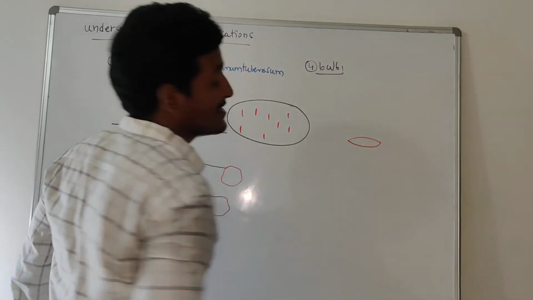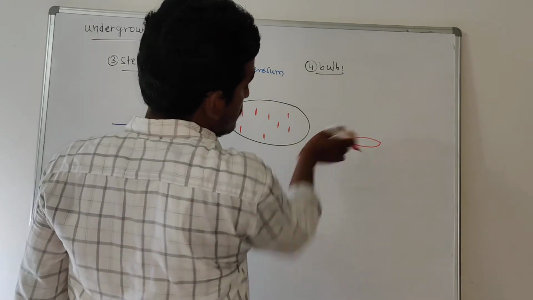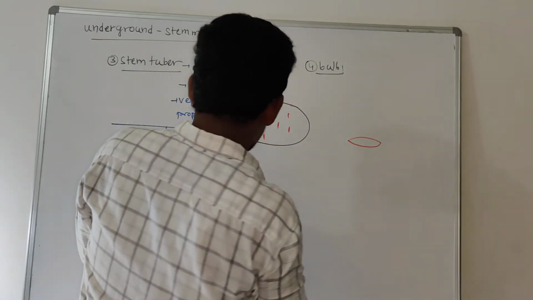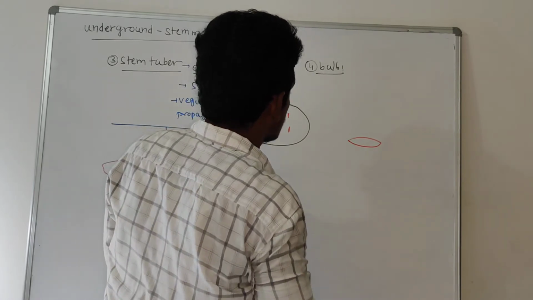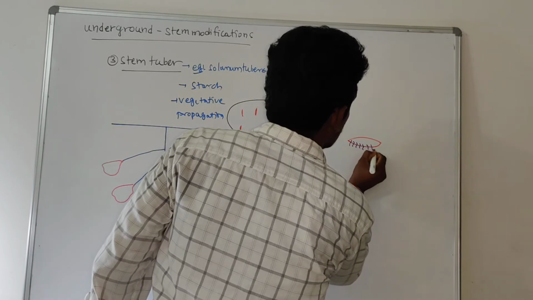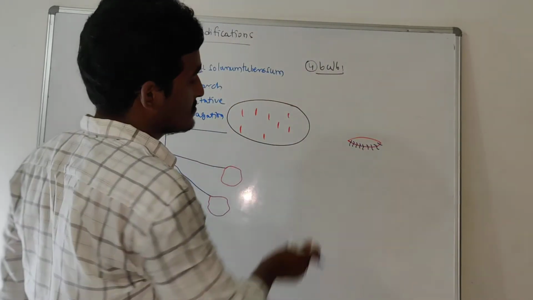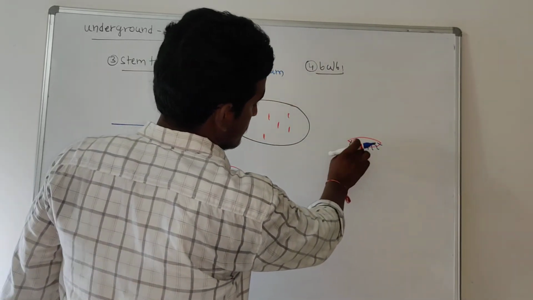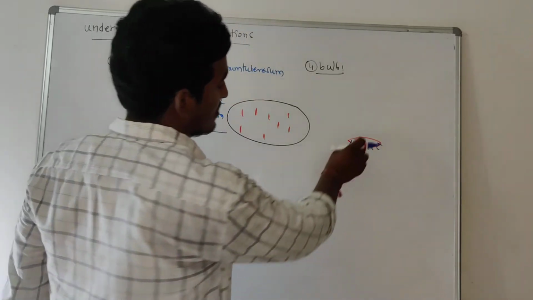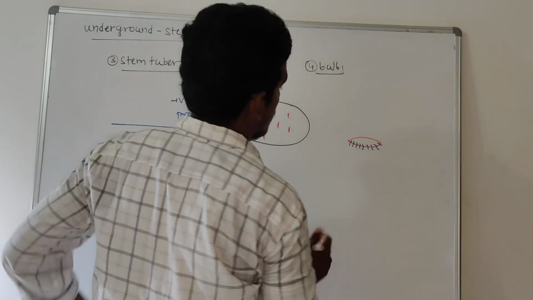So here it is the stem, modified into a biconvex-like structure. Below that stem, it will produce adventitious roots. So these are adventitious roots, and they come from this stem. Here there are compressed nodes and internodes in a bulb.